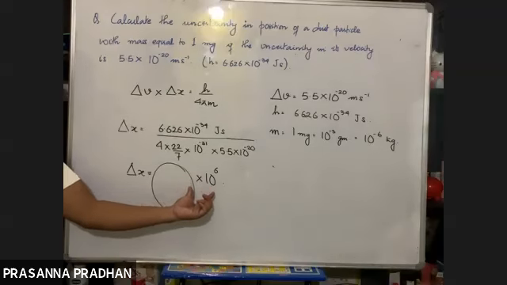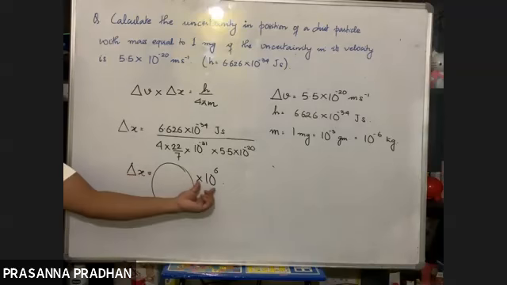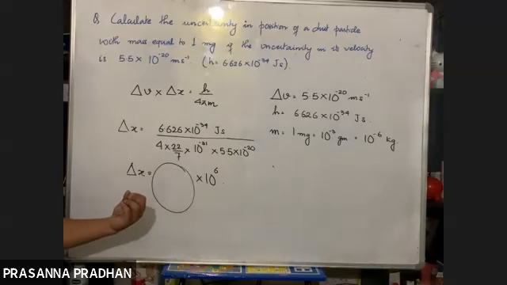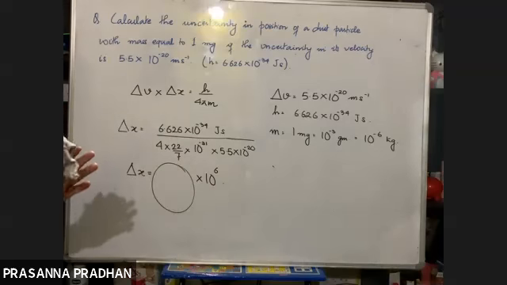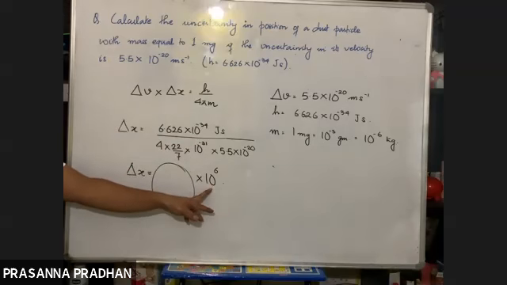That means for a microscopic particle, the uncertainty in the position is very high. For dust particle it was very low uncertainty. That means we can accurately determine the position of a dust particle because the uncertainty was very small. In case of electron, we cannot exactly determine the position of an electron because the uncertainty in the position of electron is now becoming very high.